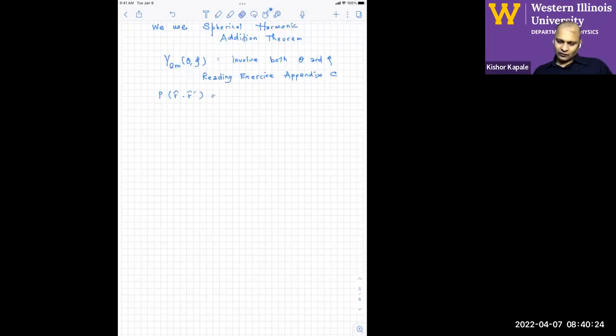But it turns out with this, this r hat dotted with r prime hat parameter is not very helpful. Can we just translate it into not that dot product, but actual spherical coordinates of the two position vectors? And so it turns out you can do that, and that is done through this. So it's another expansion now. Y_lm of theta, phi are another set of orthogonal functions, and we're taking this P_l and we're expressing it as an expansion in that set.